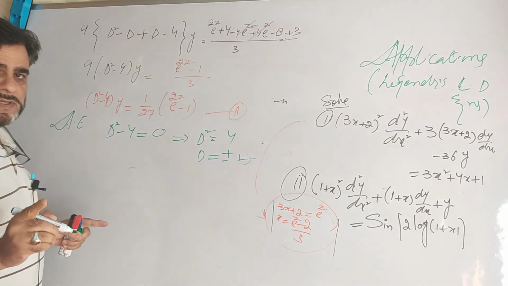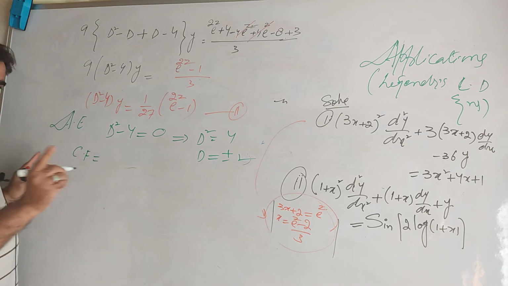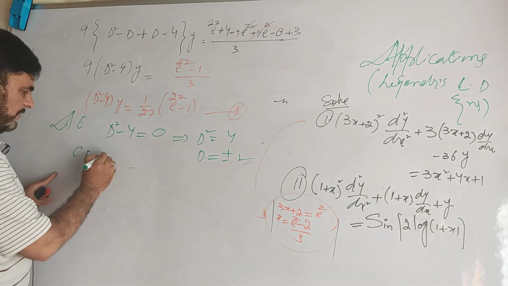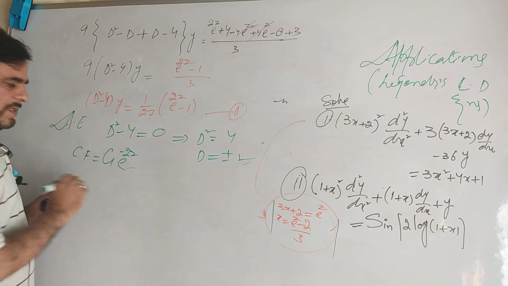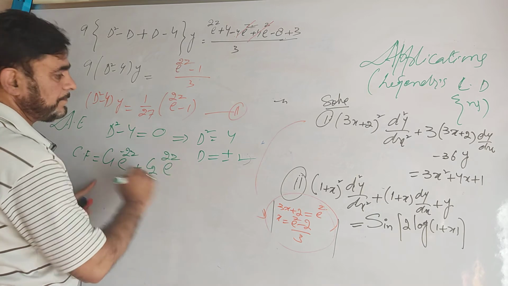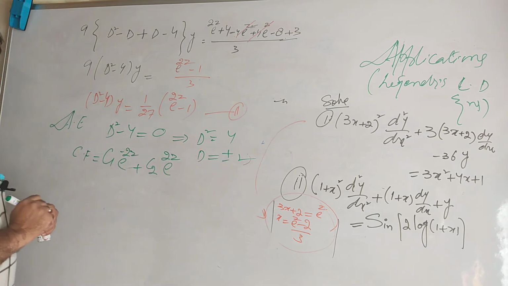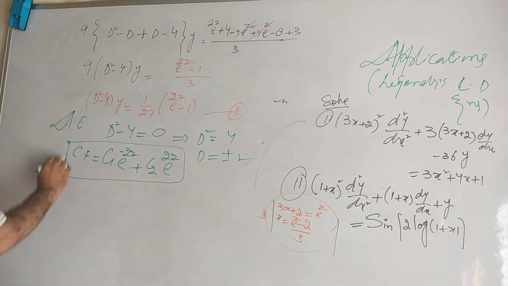You are getting two values of D. What is the complementary function? Two constants will get involved. C1 e raised power minus 2z, then plus C2 e raised power 2z. This you get as the complementary function here.